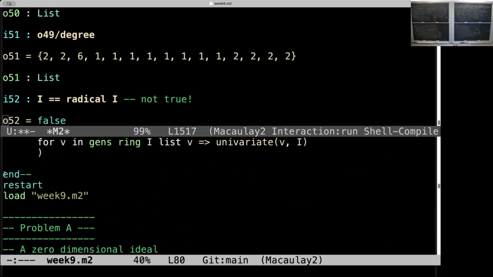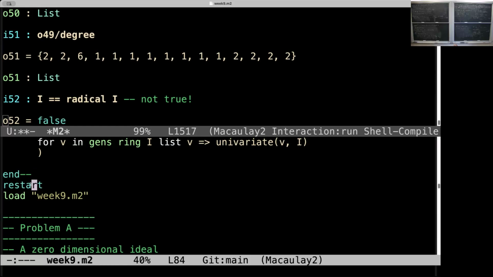So here's the way the file has this, it's week9.m2. There's this line, end minus minus. Macaulay 2, when it sees the word end at the beginning of a line, it stops reading after that. There is no other place that you'll start with the word end, unless you want to make a function called end, in which case you're kind of screwed because it will stop reading at that point.